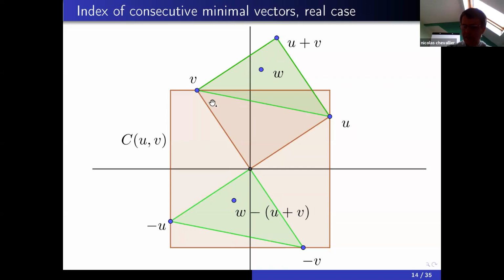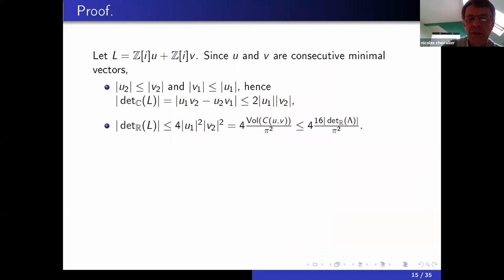So in the real case, it is clear that only index 1 consecutive minimal vectors are possible. In the complex situation with Gaussian integers, it is not so easy.